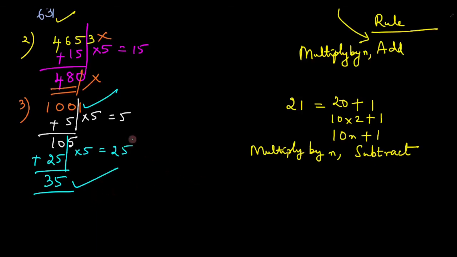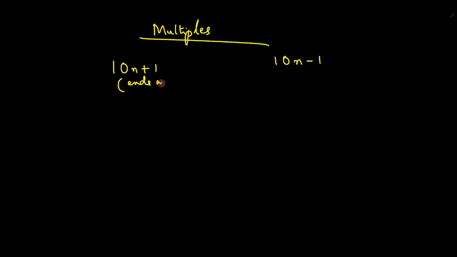Let us see the multiples used for all those numbers. Multiples can be in 2 forms, 10n plus 1, 10n minus 1. This multiple ends with 1. This multiple ends with 9.